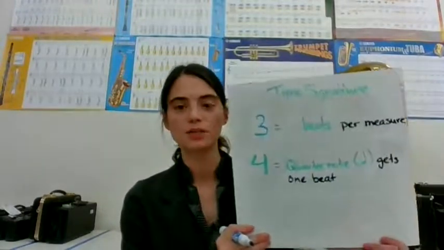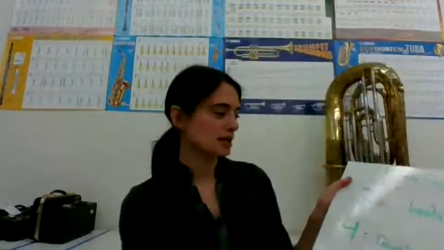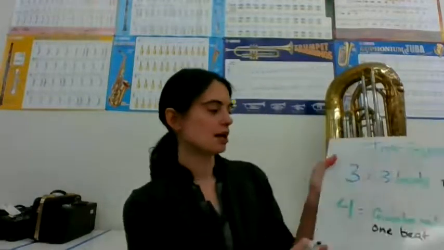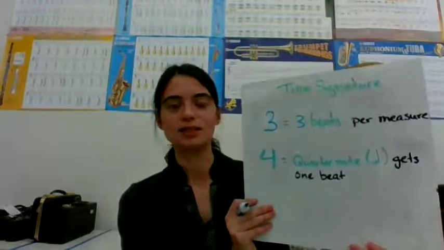So if I change that top number a little bit and I changed it to, say, a 3 instead of a 4, how many beats do you think each measure would have? If you said 3, you are correct, because the top number always tells me how many beats can be in each measure.